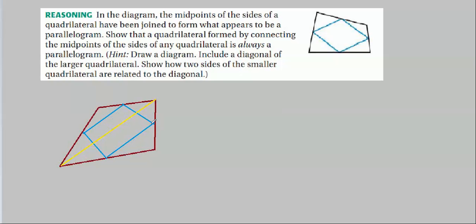Remember this, if we connect the two midpoints, I don't know if you remember back to when we were studying various components we could create out of a triangle. One of them was a midsegment, which connected the two midpoints of the sides of a triangle. And when we did that, we created a segment that was exactly half the size of the original, half the size of the opposite side.